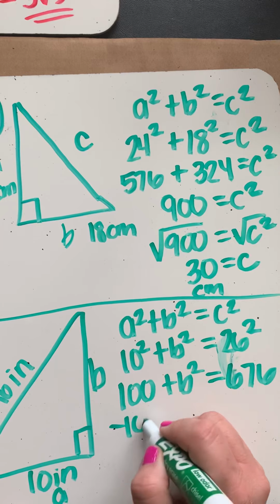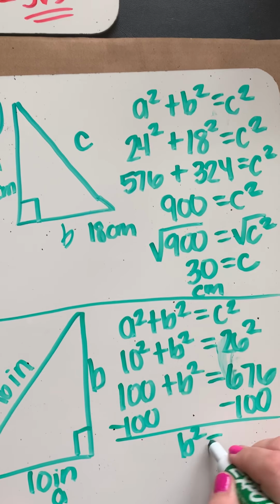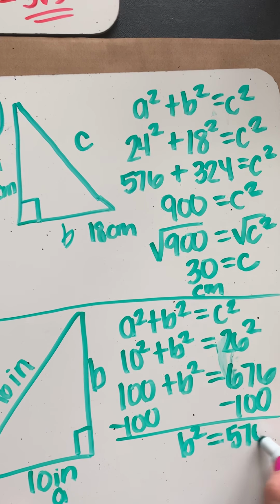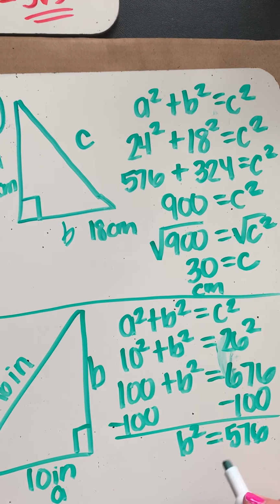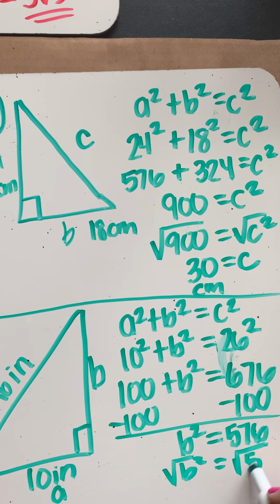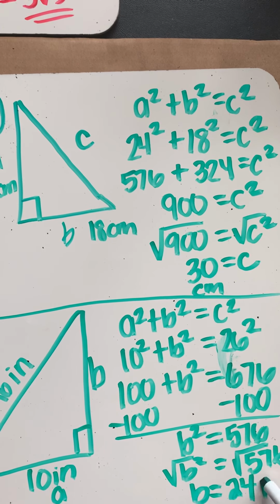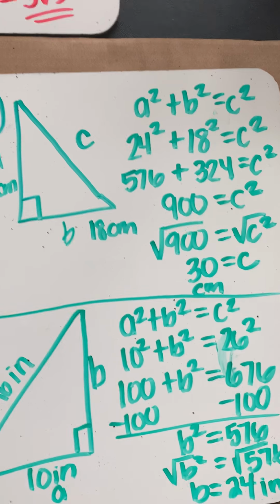We're going to subtract 100 on both sides, which gives us b squared equals 576. You're going to take the square root of both sides, and I'm just running out of room here. And that's a perfect square. That comes out to b equals 24 inches.